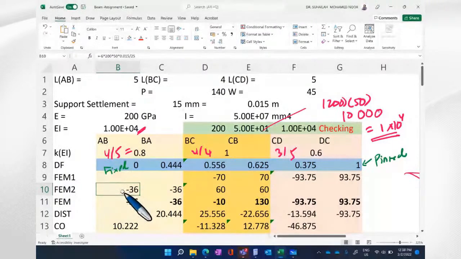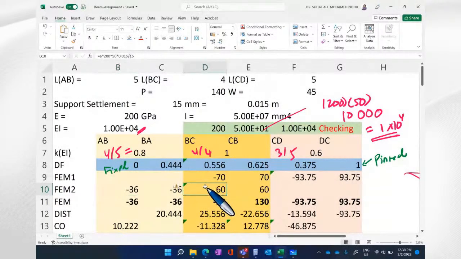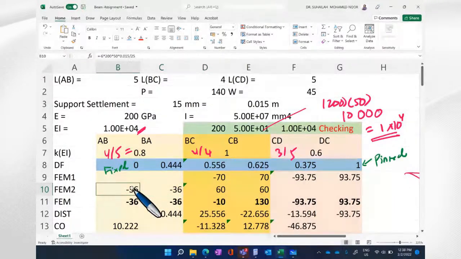It is 6, E is 205, I is 50, delta is 0.015, divided by L squared. L squared is 25. So we get negative 36.